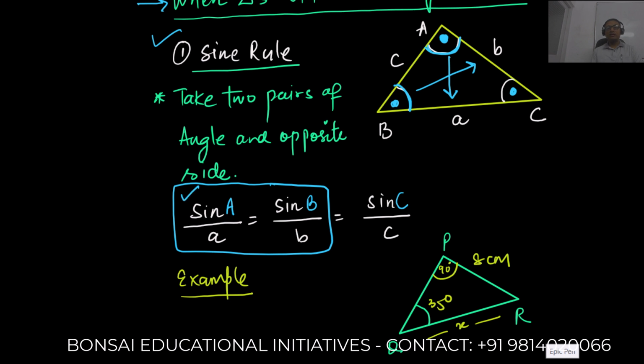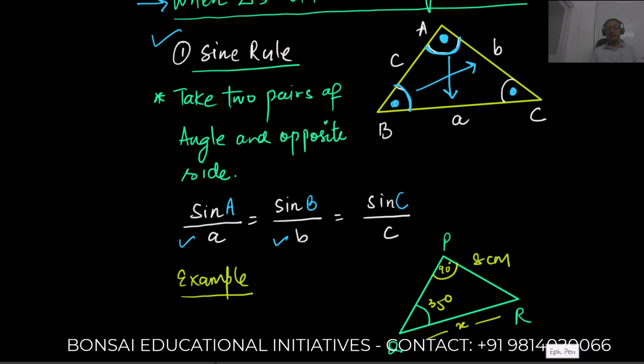Or you may be given sides and a third angle, and you need to find the fourth angle. So you have to make the pair of angle and opposite side. That is the only identification.